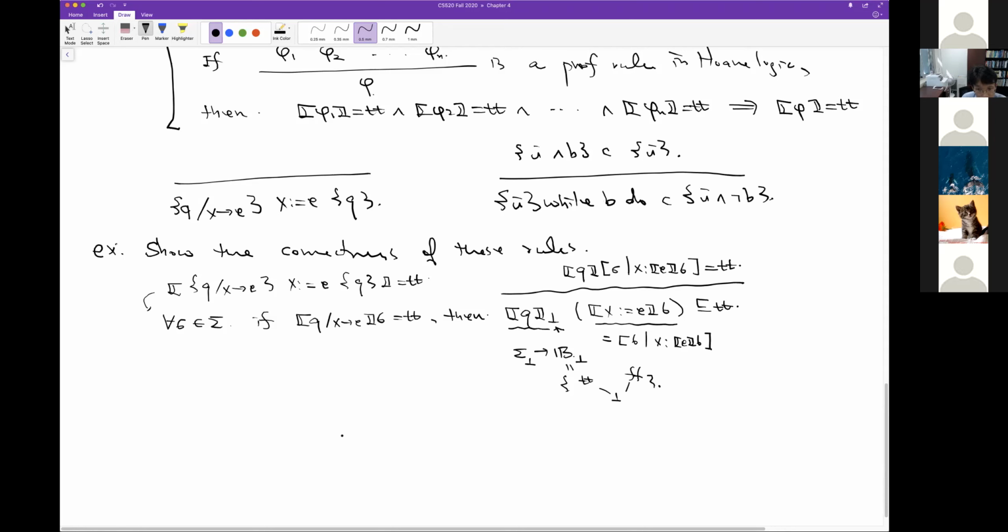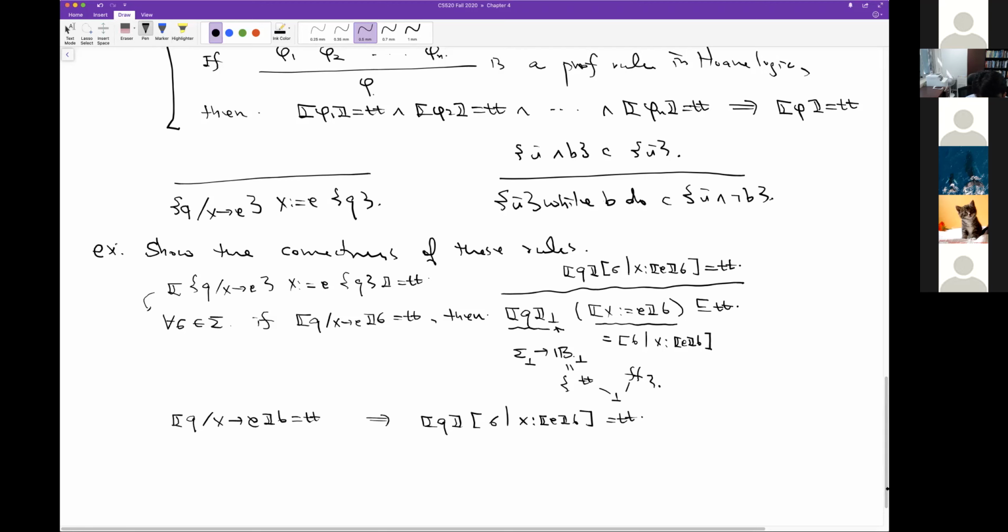Okay, so let's look at what this tells us. It tells us that if Q of x replaced by e is true on sigma, then Q on sigma with x updated has to be true.